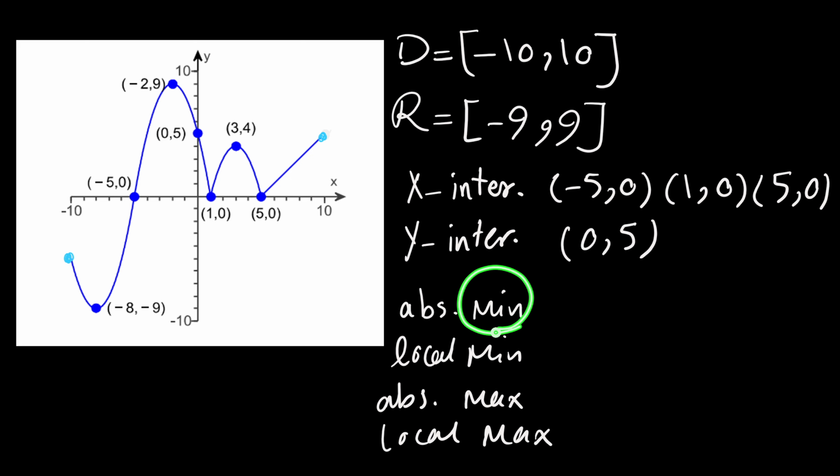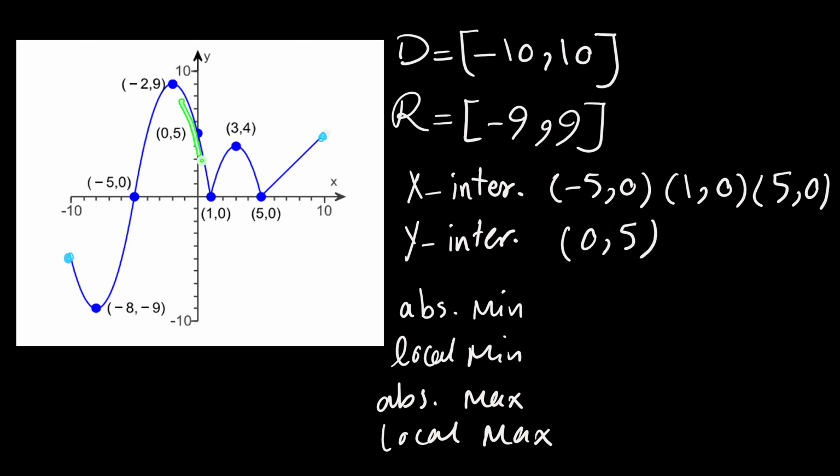At the minimum point, no matter it's absolute or local, the behavior of function is decreasing, then increasing. So here we have a minimum because the function is decreasing and then increasing. It goes up.